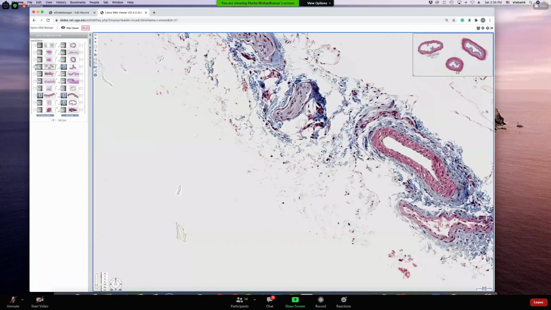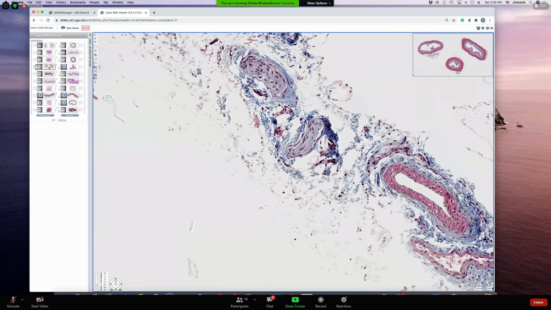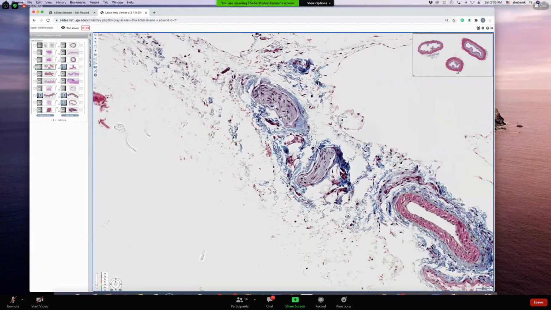So this would be adventitia. What is this right here? There are going to be axons. Of what kind of nerves? Myelinated, unmyelinated? Unmyelinated. So just call it an unmyelinated nerve bundle.